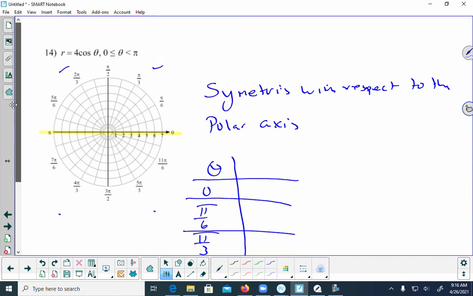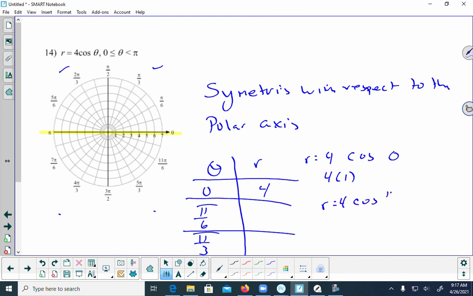So I'm going to do 4 times the cosine of 0. So that'll be 4 times 1, so this will be 4. Then I'm going to do 4 times the cosine of pi over 6, which will be 4 times the square root of 3 over 2, which will be 2 times the square root of 3.